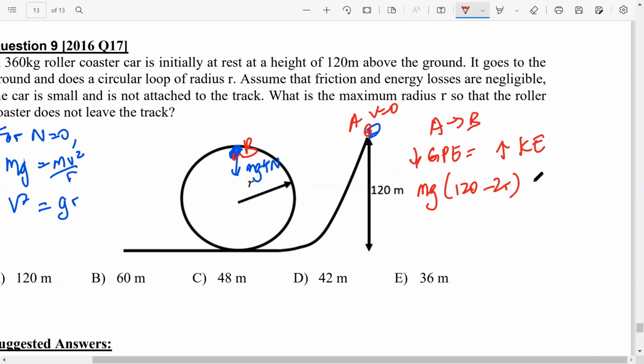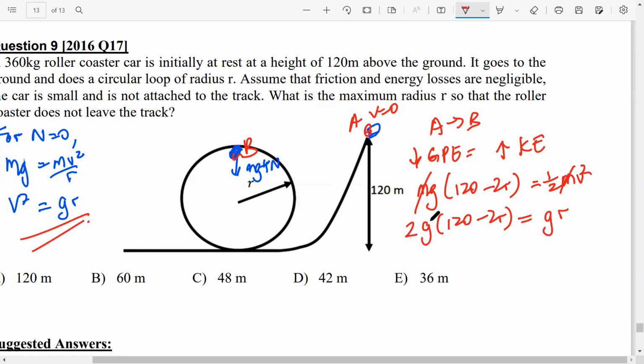Gain in KE, half mv squared, because initial KE is 0. So we cancel the m. g times 120 minus 2r, I'll bring the half over. v squared is gr, because we have it here. So now I cancel the g also. 240 minus 4r equals to r. 5r equals to 240. So you divide by 5, you should get 48.